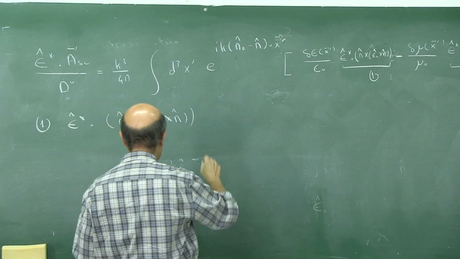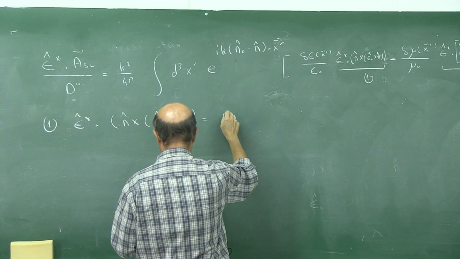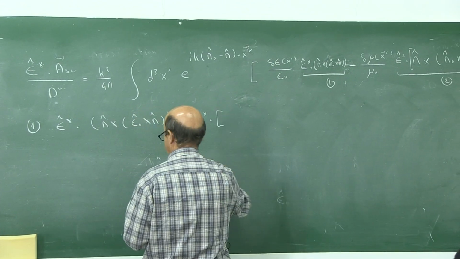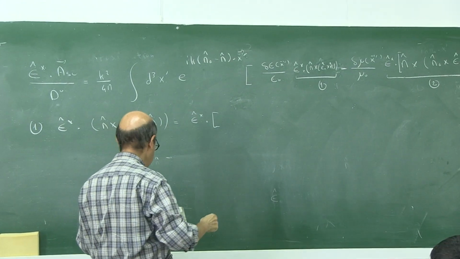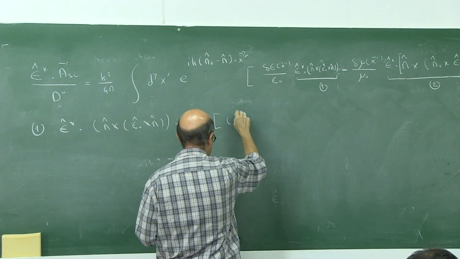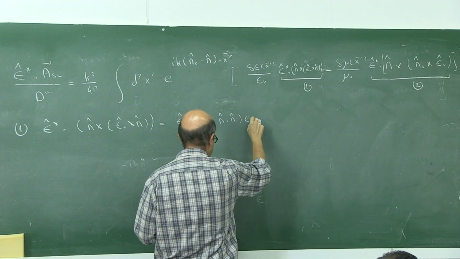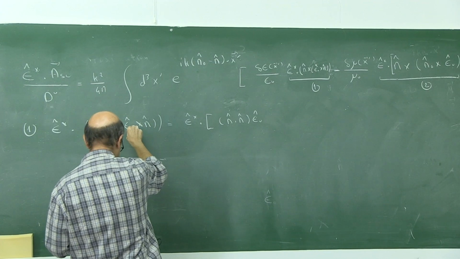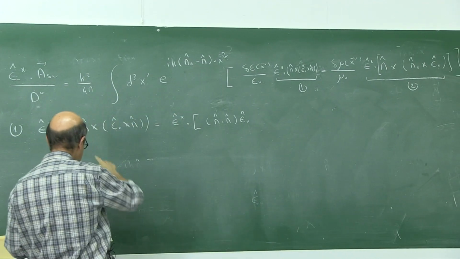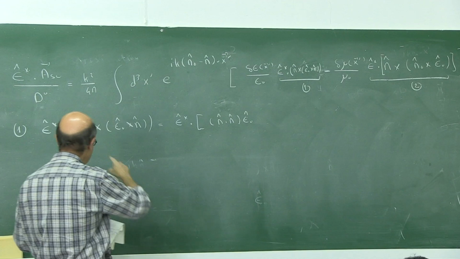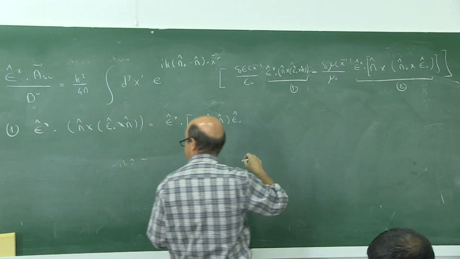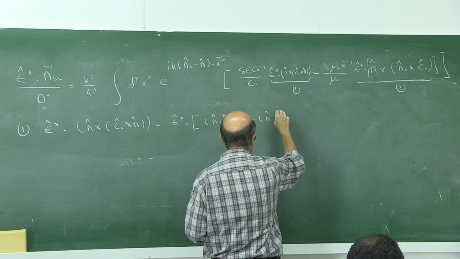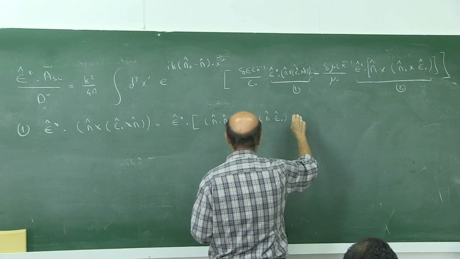That is equal to epsilon complex conjugate dot this double cross product, that is nothing but n dot n epsilon 0 (a cross b cross c equals b times a dot c) and the other term minus n dot epsilon 0 along n.